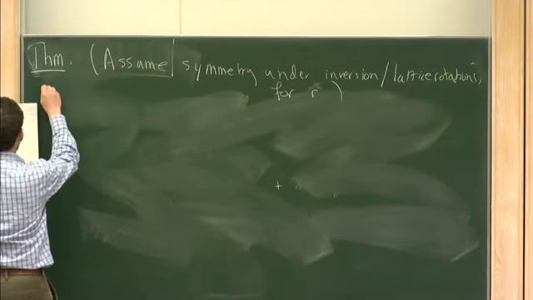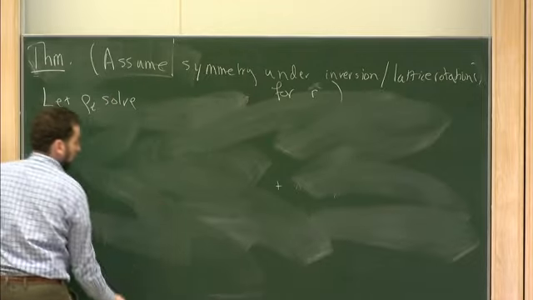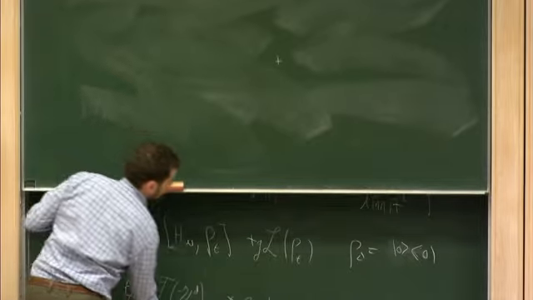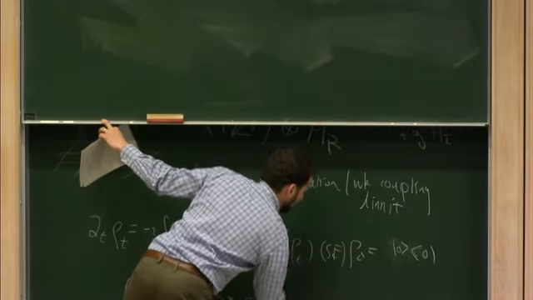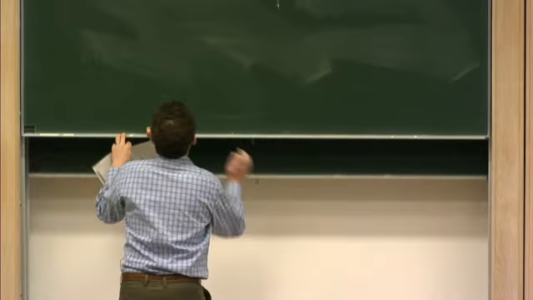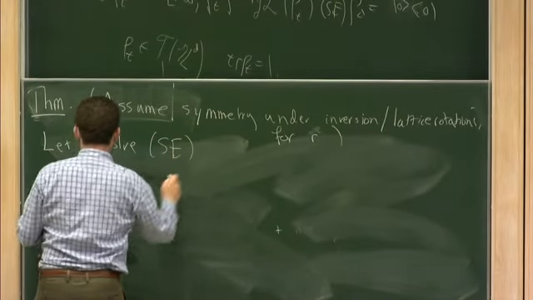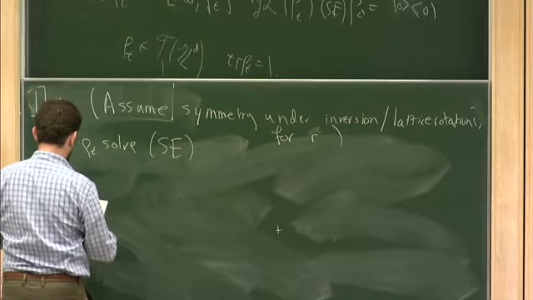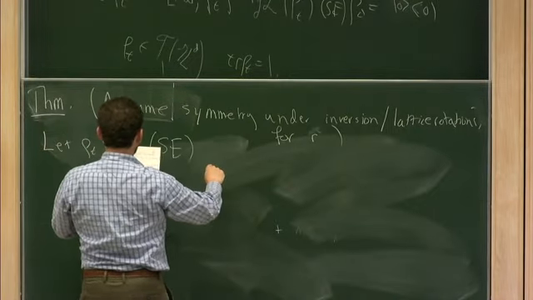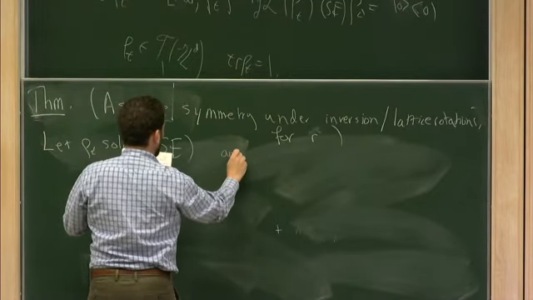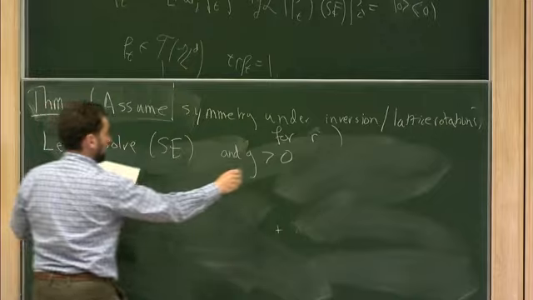And let rho t solve the equation, which I'll write here as SE for Schrodinger equation, again with that initial condition for simplicity, and let g be positive, and R is as above.